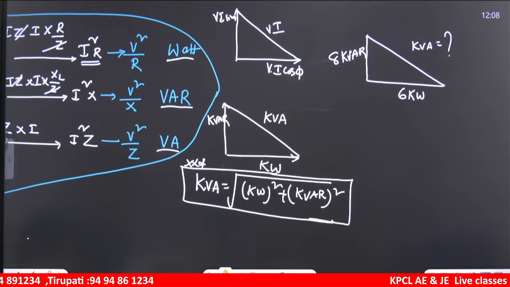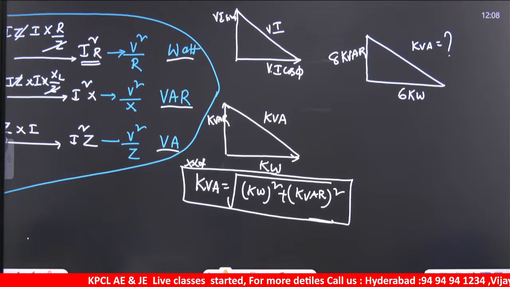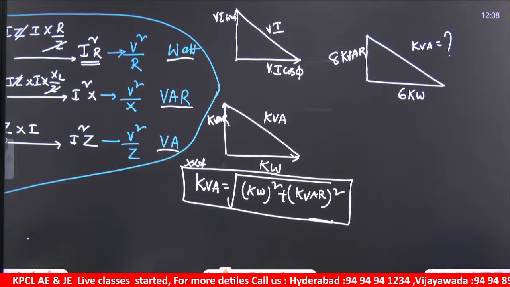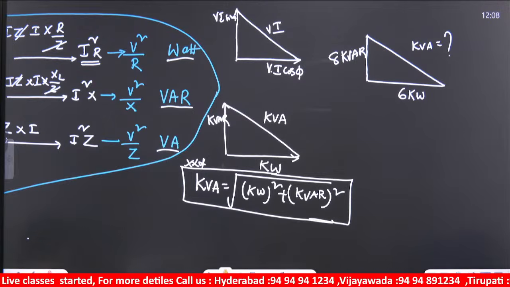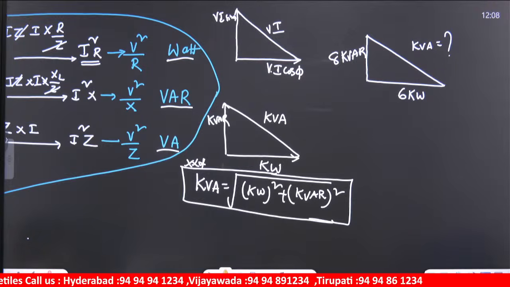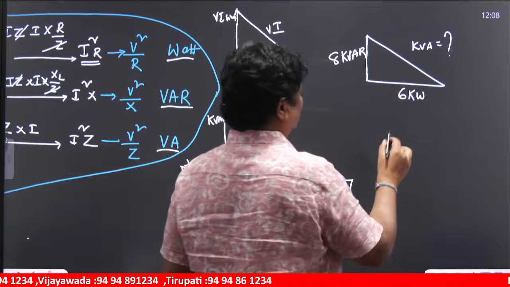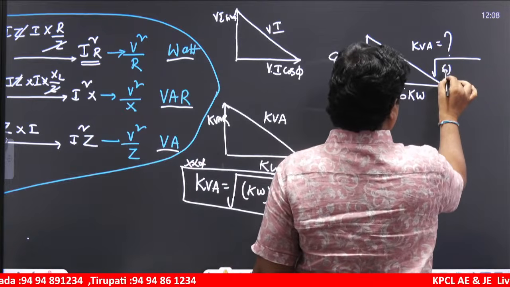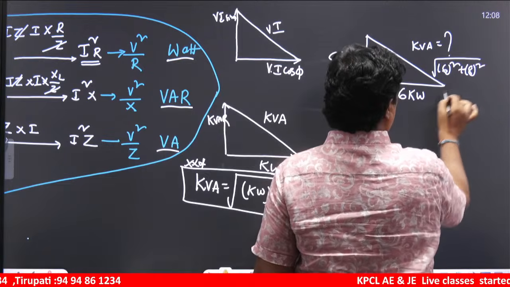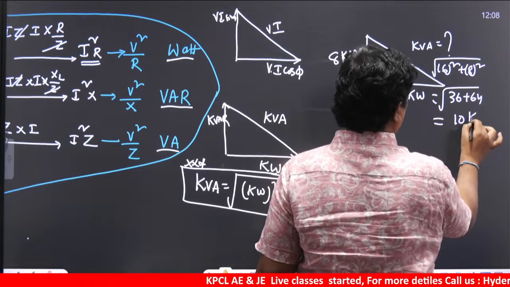The answer is square root of 6 square plus 8 square, root of 36 plus 64, that is equal to root 100, which is equal to 10 kVA.